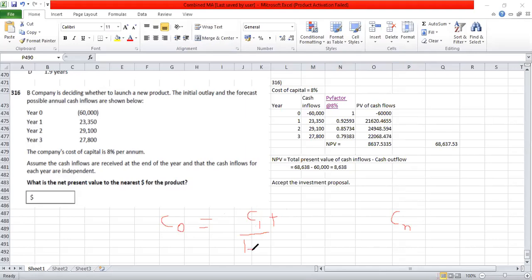K is the discount rate for the first year. Then we have C2, cash flow in the second year, divided by (1 plus K) whole to the power of 2.